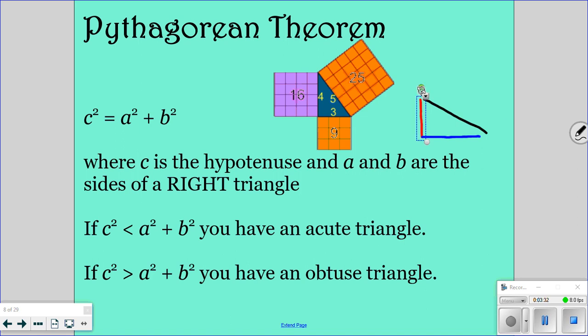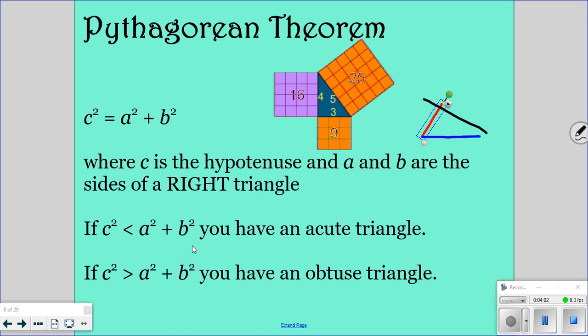But if this one gets bigger, this angle becomes an obtuse angle, and so this hypotenuse is going to have to stretch further. So if your c squared is bigger than the two legs, then you have an obtuse triangle. And then if this one got smaller, the angle gets smaller, well, your hypotenuse doesn't have to be quite as big. So if your c squared is less than the other two, you have an acute triangle.